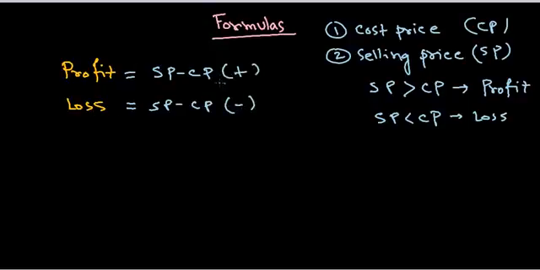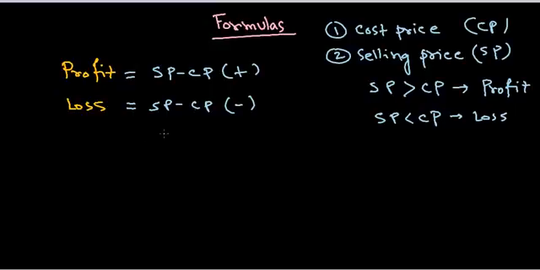If it's a positive value, then it's a profit. That's the major thing about looking at these problems. So if you have a loss, you will have a negative value of SP minus CP. If you have a profit, a positive value of SP minus CP.